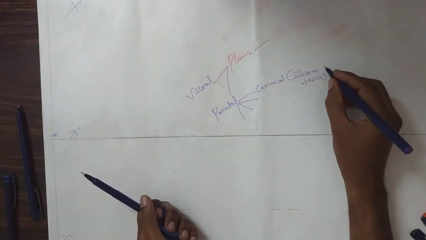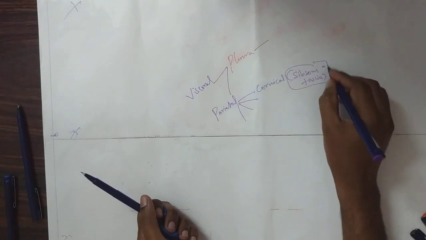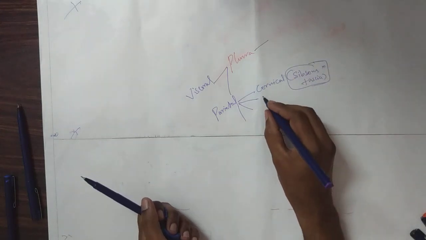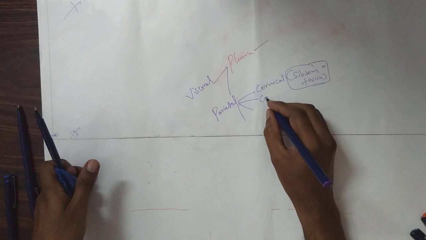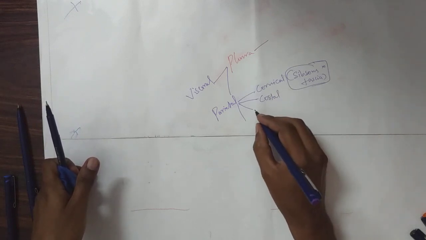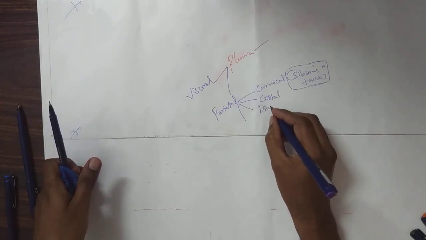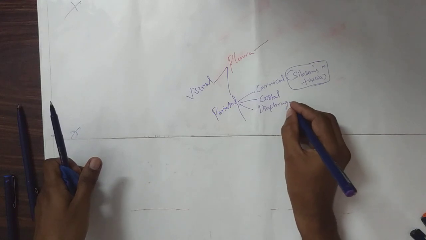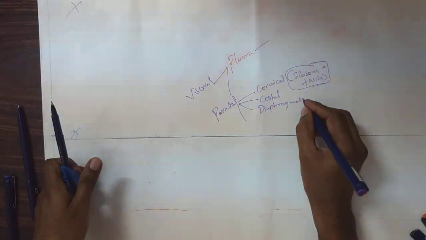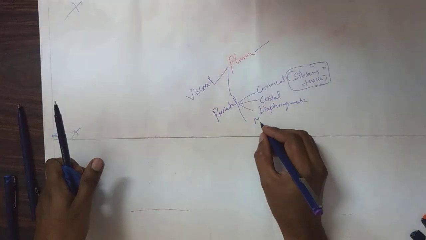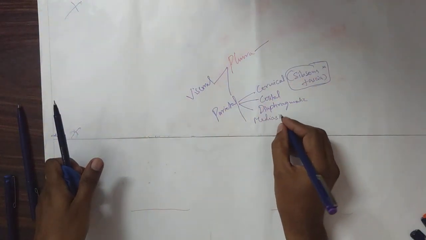And one more assignment for you: you should write about the Simpson's fascia. Then we have costal pleura related to the thoracic cage, diaphragmatic pleura, which lines the superior surface of the diaphragm, then mediastinal pleura.